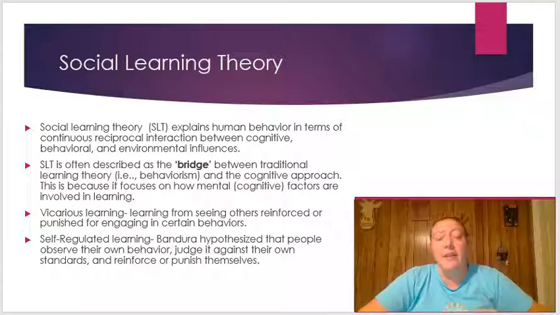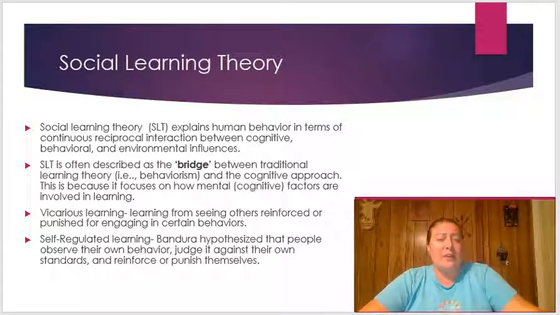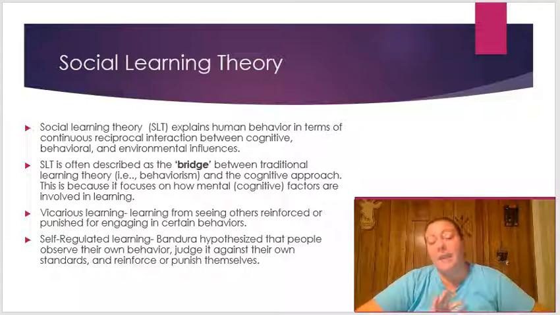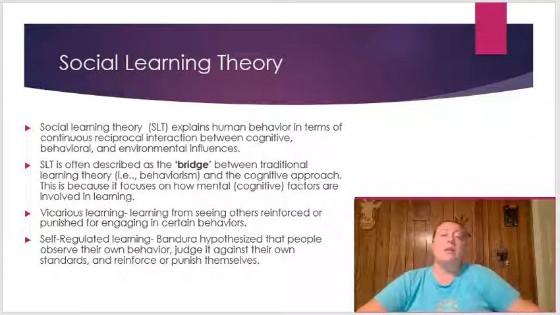Social learning theory explains human behavior in terms of continuous reciprocal interaction between cognitive, behavioral, and environmental influences. Social learning theory is described as the bridge between traditional behavioral theories and cognitive approaches.